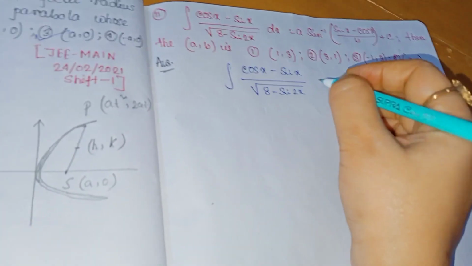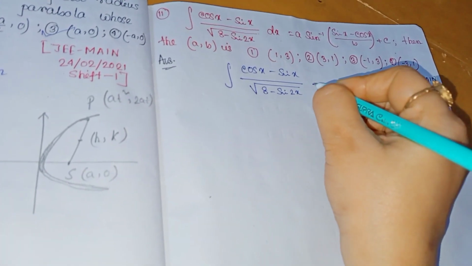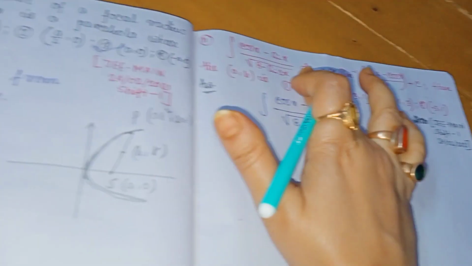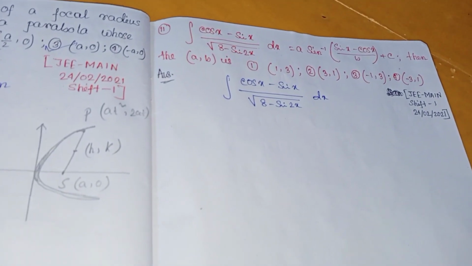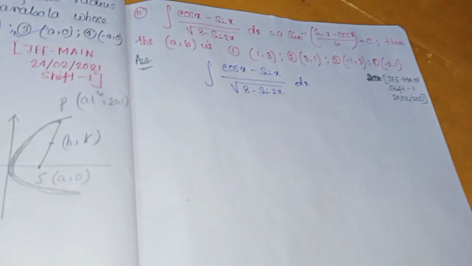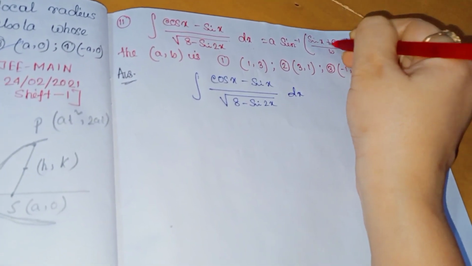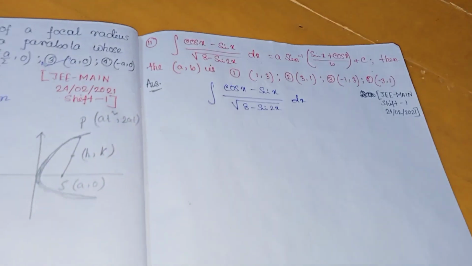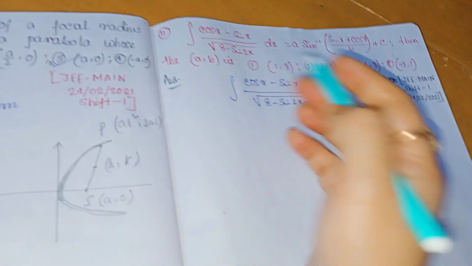It is our left hand side integration. Here is a correction: it is 8 minus 2 sin 2x. So we just simplify the left hand side.